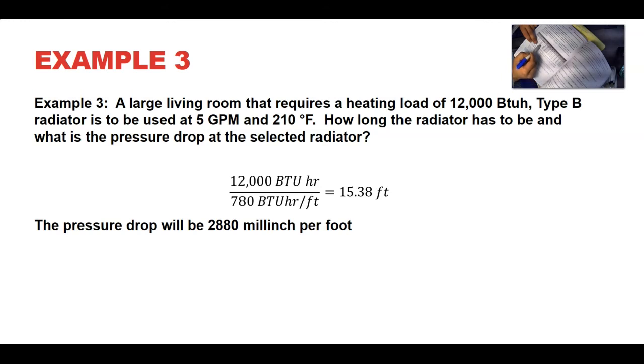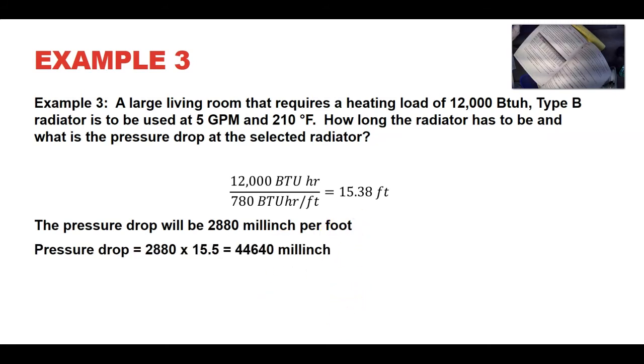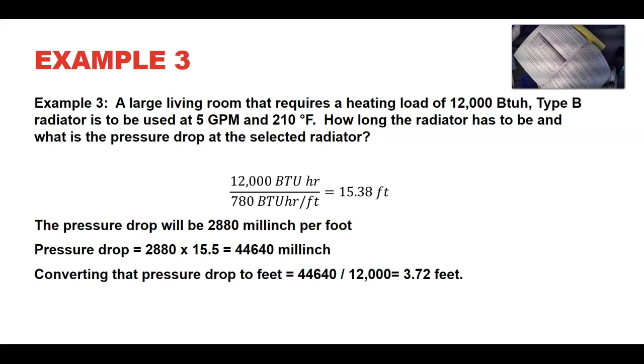The radiator length is 15.38 foot. Then I'm going to use 2,880 milli-inch per foot. So work over it a little bit and let me know if it makes sense to you. This is the conversion, and now I lost in that radiator 3.72 feet of water. That's a pressure measurement. It's called feet, and that's how we need that for calculating the pump head.